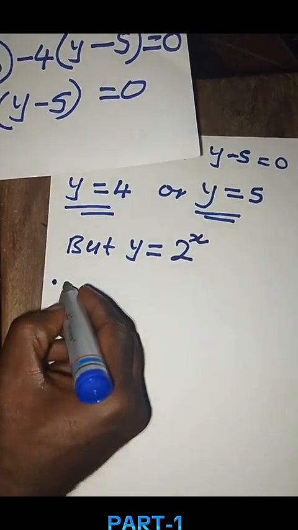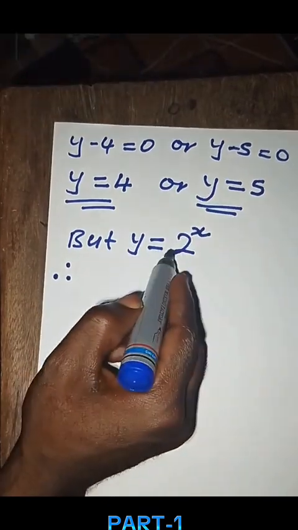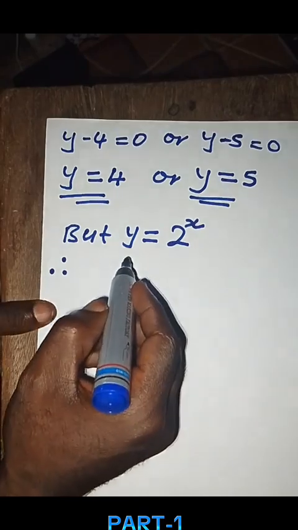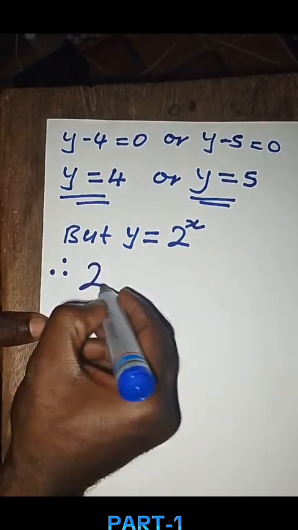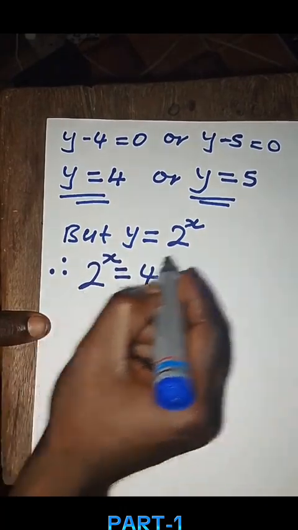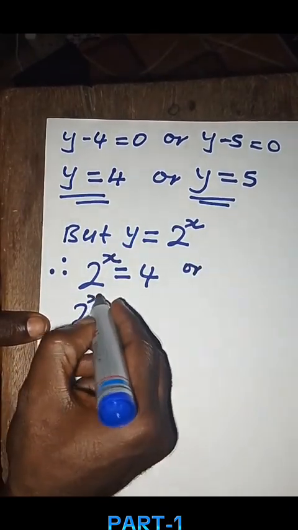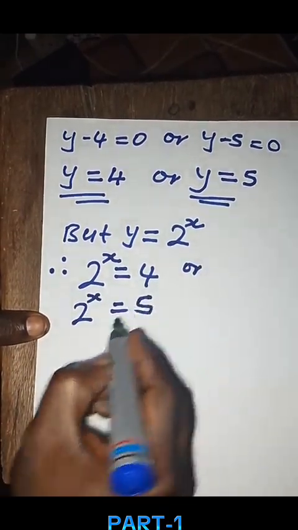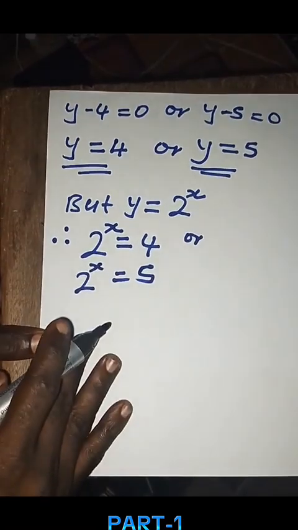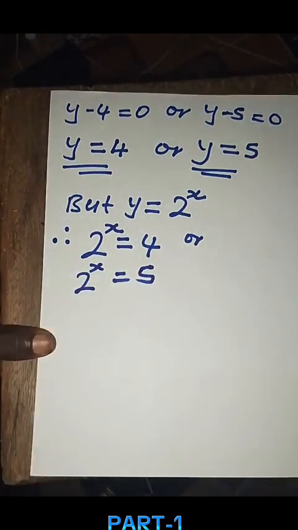So we are not going to write these two values in replacement of what? y. So we take 2 to the power x is equal to 4, or we still have 2 to the power x is equal to 5. So we have these two values to work out, because we are looking for the value of x.